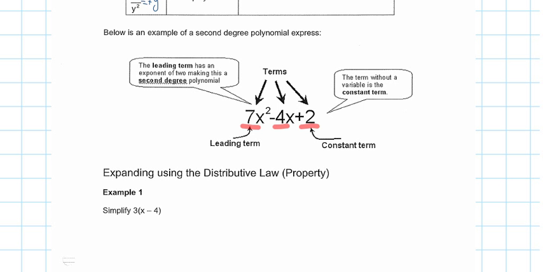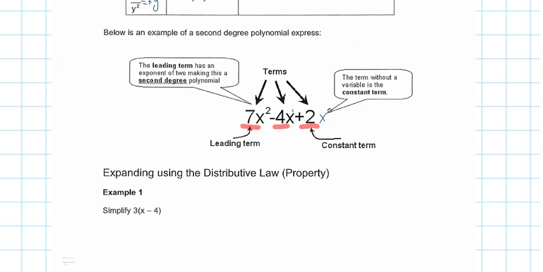2. Your second term, what's your coefficient? Negative 4. And then what's the degree on top of the x? 1, right? If it's not there, it's 1. Yeah? And then what's the last term? 2, right? There's no x, but technically, if you want to have an x, it will be x to the power of 0, but we don't usually write that down, okay?